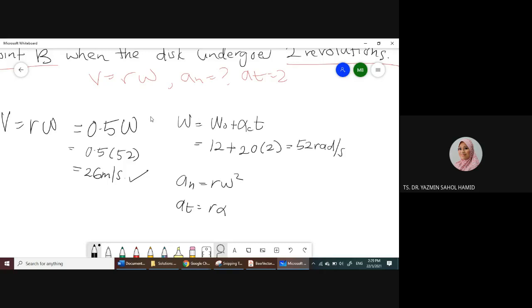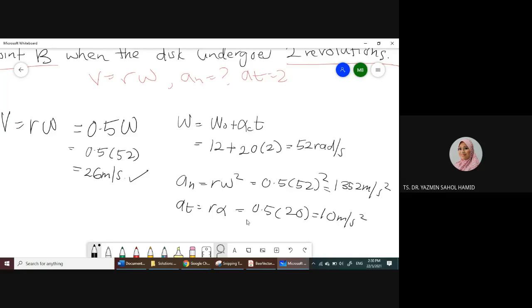For this one, it's very easy. It's just 0.5 times 52 squared, and this one is 0.5 times 20. So I think you get 1352 meter per second squared, and this one you get 10 meter per second squared. Okay, easy.